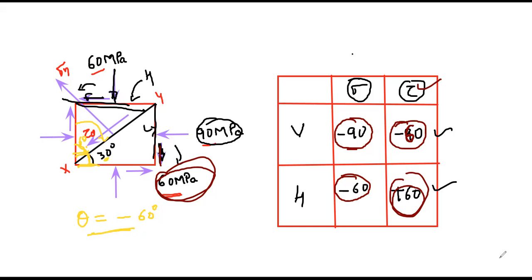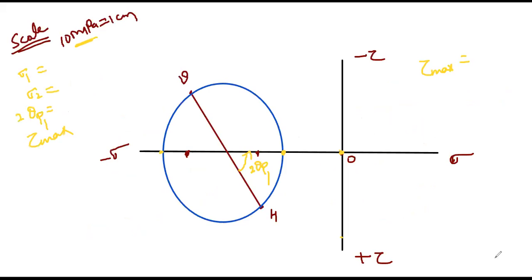While drawing the Mohr circle, we should consider 2 theta, in the sense minus 120 degree. For this, we need to keep the protector on this. I'll show you how to keep the protector. This will be the center. You need to keep the protector like this.